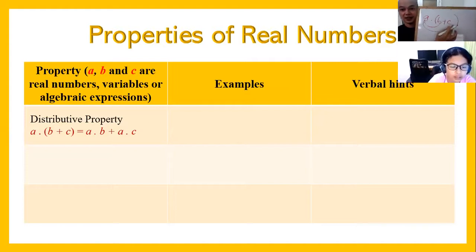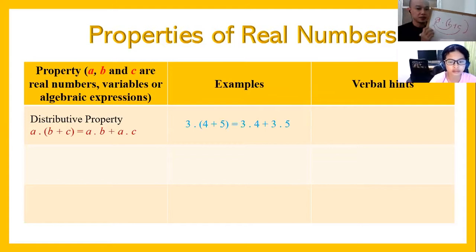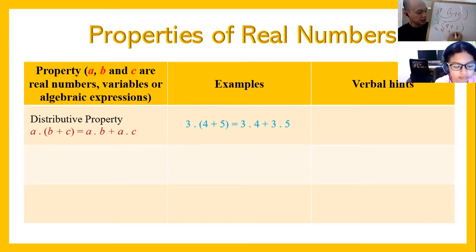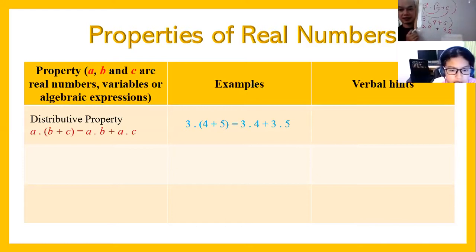Kristel, you get it? An example is like this. If you have 3 times 4 plus 5, that means 3 times 4 plus 3 times 5. You multiply the 3 in the first number and multiply again in the second number. That is with addition.